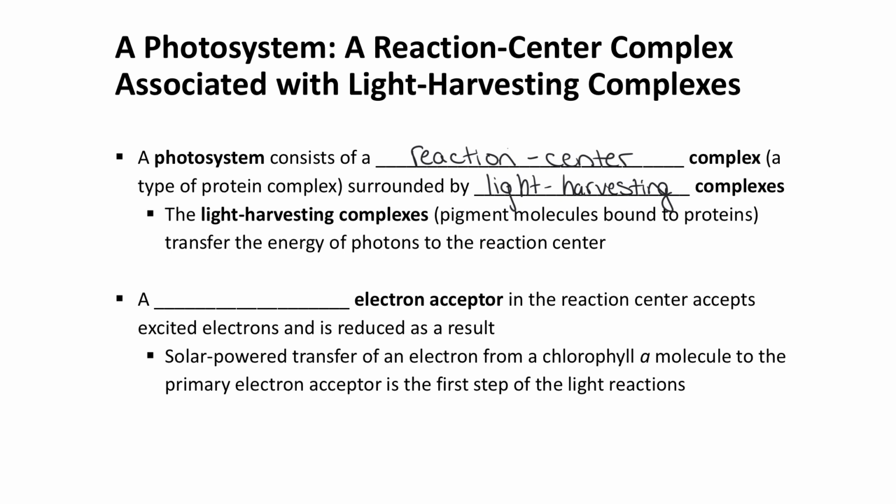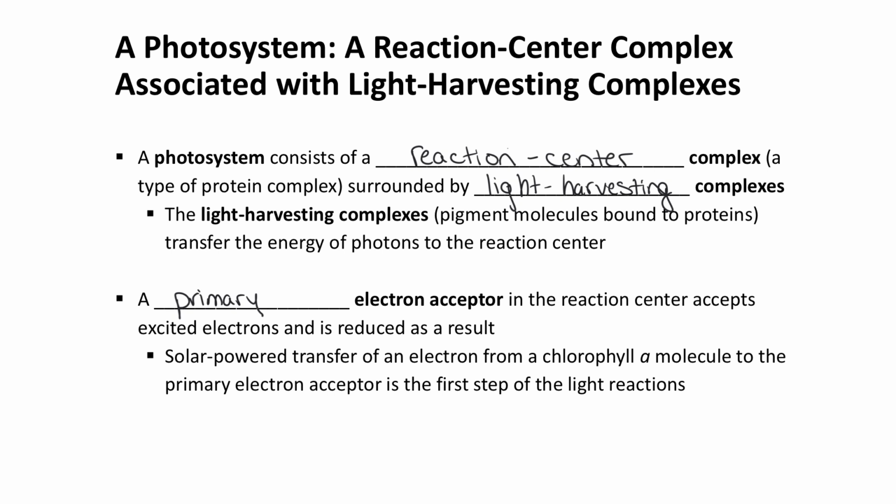They transfer the energy of photons to the reaction center. A primary electron acceptor in the reaction center accepts the excited electrons and is reduced as a result.